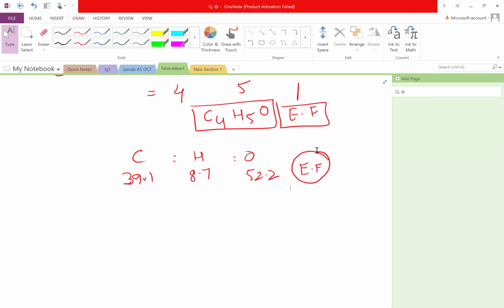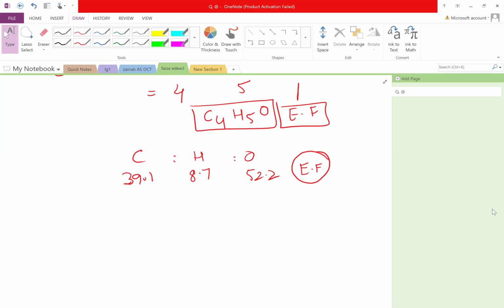Is it C1, H3, and oxygen 1? Oxygen is coming as 1. Yes. What about hydrogen? Hydrogen, I got the value as like 2.6. So is it hydrogen 3? Hydrogen 3, okay. And what about carbon? Carbon, I got 1.